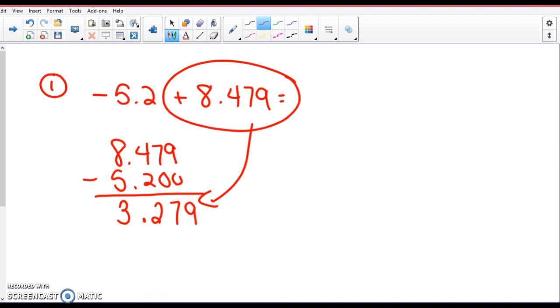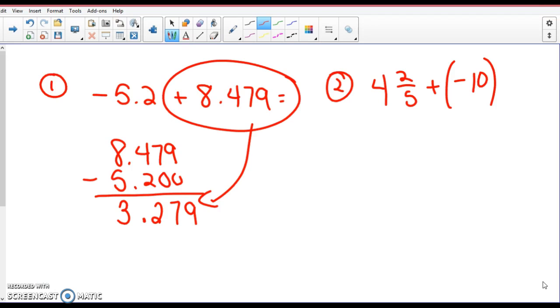Okay, now, this is where things start to get tricky. 4 2/5 plus negative 10. 4 2/5 plus negative 10.